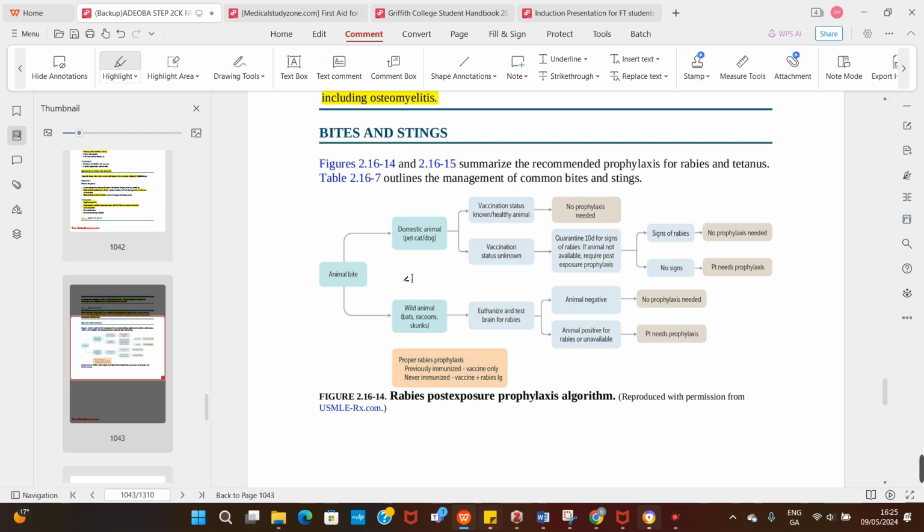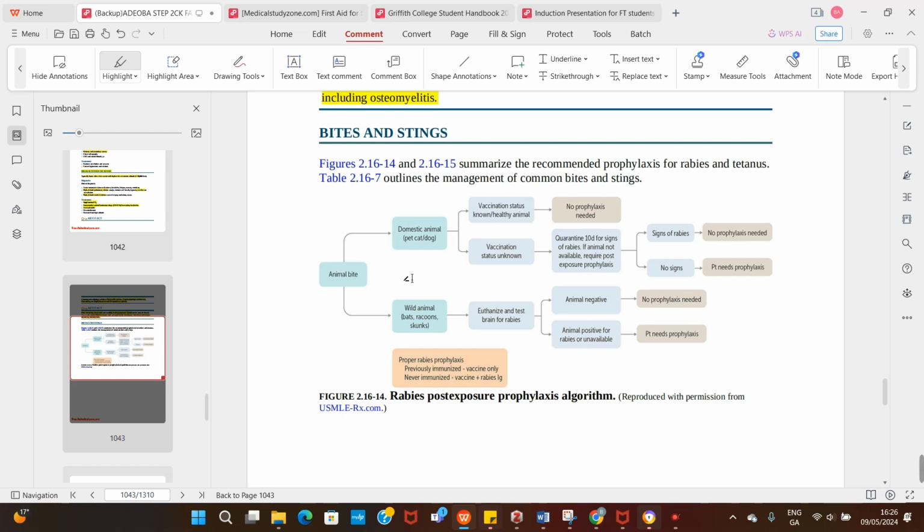So what you just do is give active immunity, to further rekindle the immunity. So you give vaccine only, right? But if the person has not been immunized against rabies before, in that situation, you are going to give both your passive and your active, which is your vaccine plus your rabies immunoglobulin.